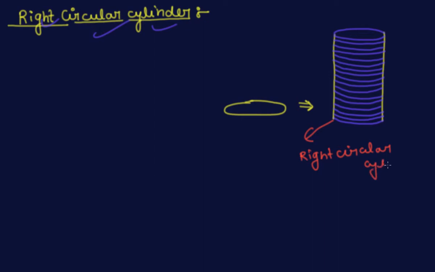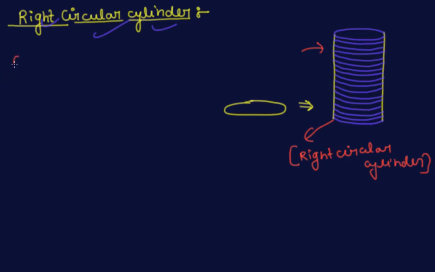If I stack circular sheets to a vertical height, I develop a right circular cylinder. Now I discuss the surface area of a cylinder.